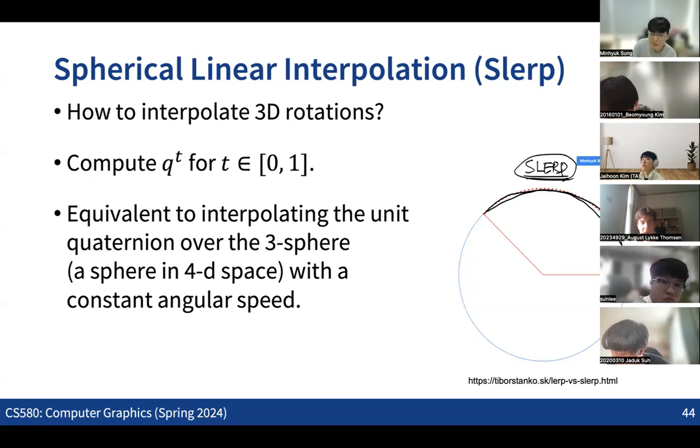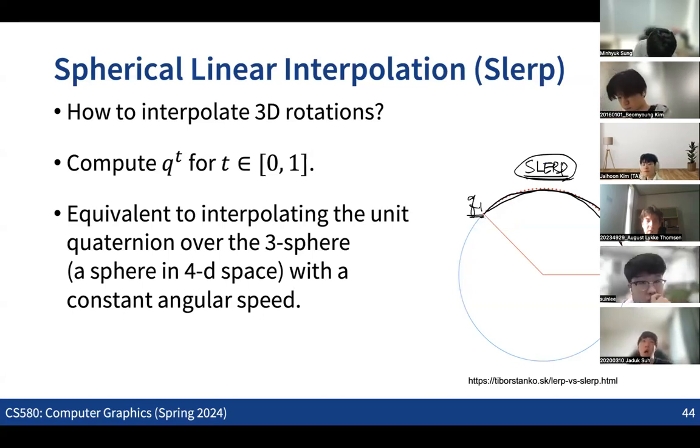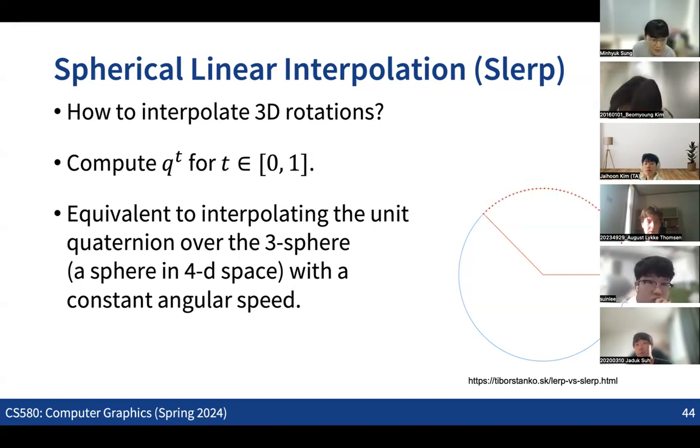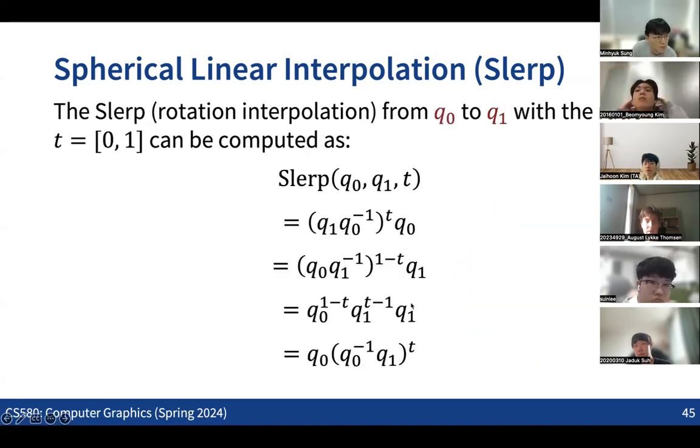So if we take the spherical linear interpolation over the four-dimensional sphere with the constant angle, starting from Q0, representing the initial rotation, and Q1, the target rotation, this interpolation with the constant angle becomes exactly the same as having this computation.